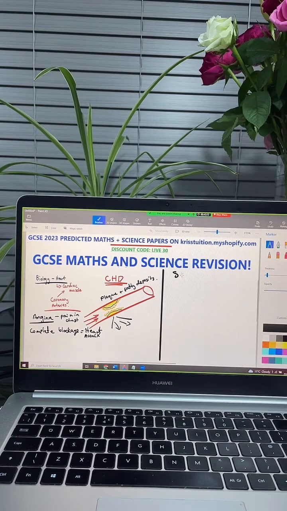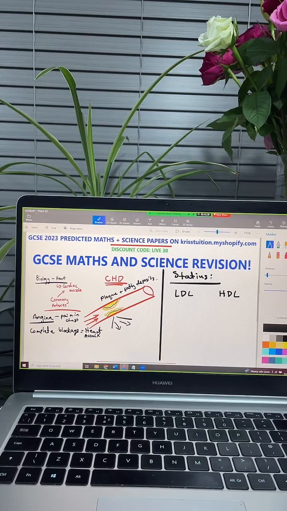We can take statins. Now, what do statins do? Statins lower the amount of bad cholesterol that we have inside the body. Okay, there's two types of cholesterol. We have something called LDL and we have HDL cholesterol. LDL is low density lipoprotein. You don't need to remember that.